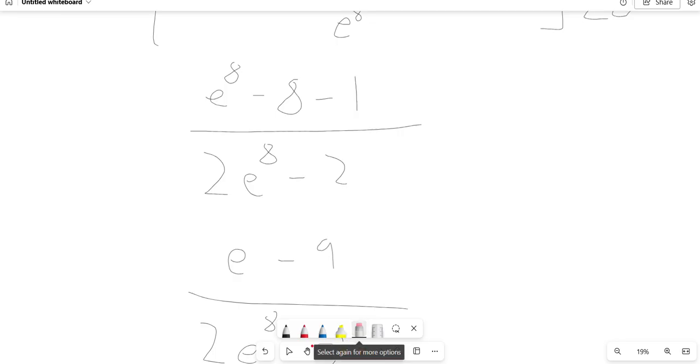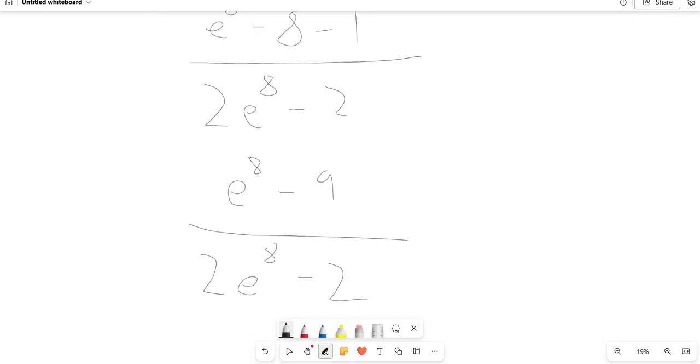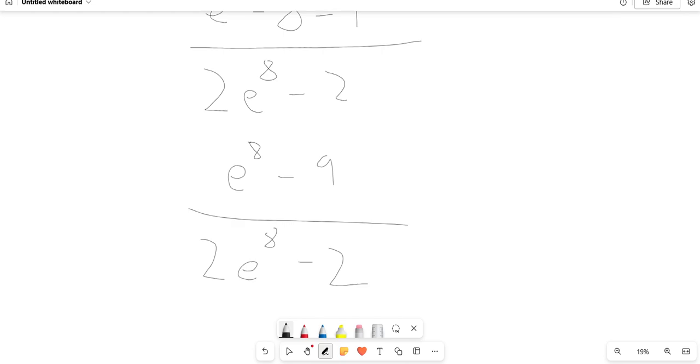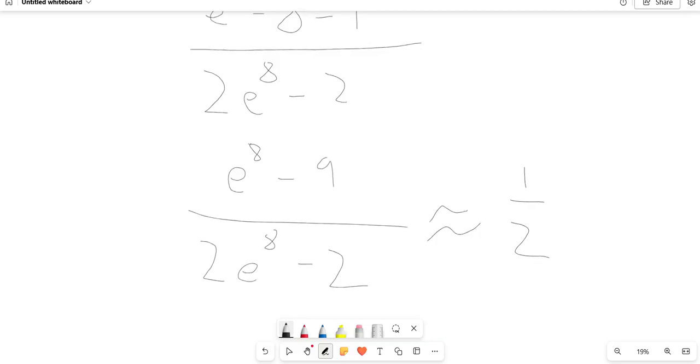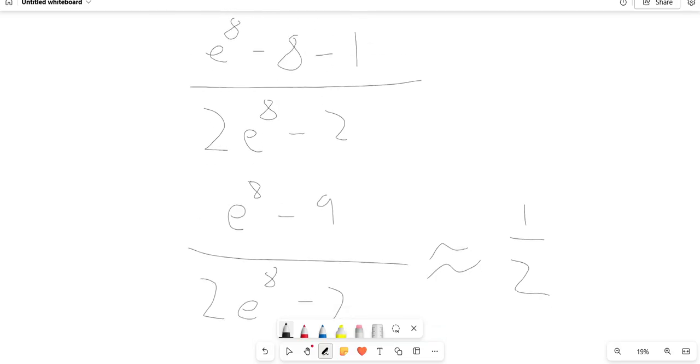I don't know why I put 9 there. It should be e to the 8 on top, minus 9. Now, e to the 8 is very large, especially compared to negative 9 and negative 2. So this roughly should equal 1/2. Let's see if our calculator agrees.